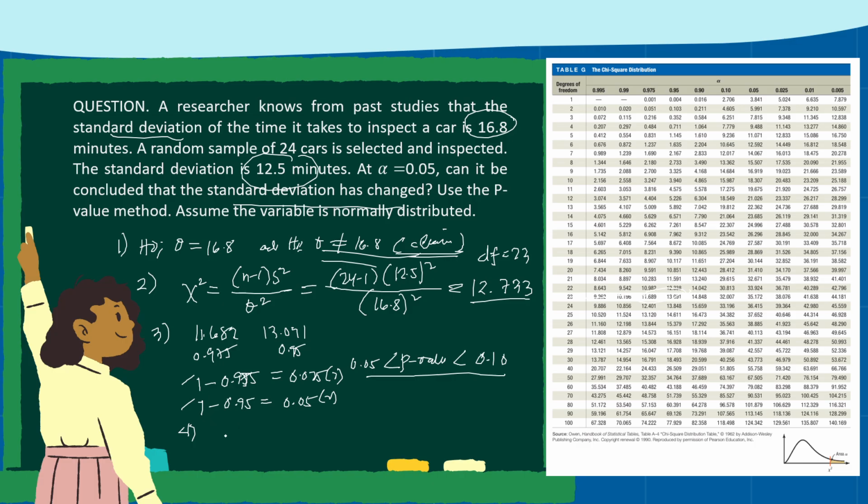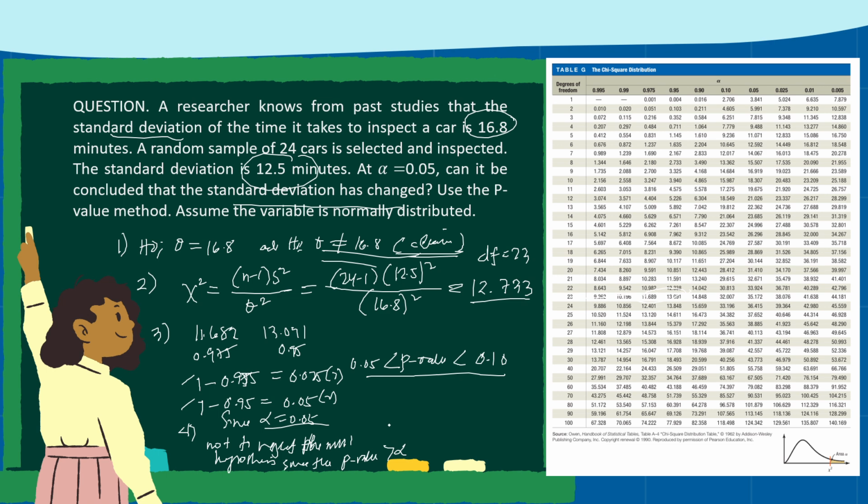Since alpha is 0.05 and the p-value is between 0.05 and 0.10, the decision is not to reject the null hypothesis since the p-value is greater than alpha.